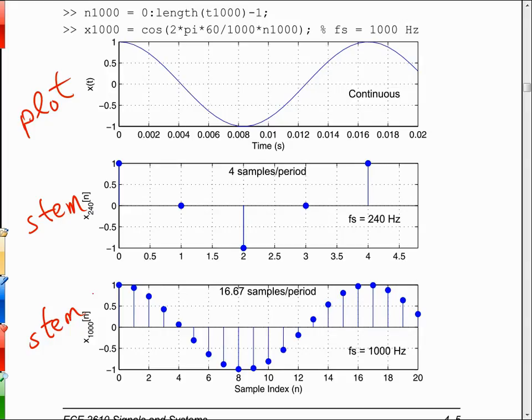Okay, that's another part of it, but what was written in the lab manual? The sampling theorem says that you need to sample at greater than twice the highest frequency. So in this case, with the 60 hertz sinusoid, if we want to avoid aliasing, we have to sample at greater than 120. So sampling at 240 is adequate. You might look at that picture, though, and say 4 samples per period. That seems kind of not too good.